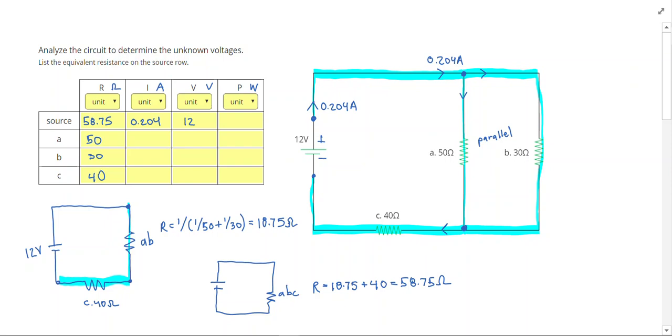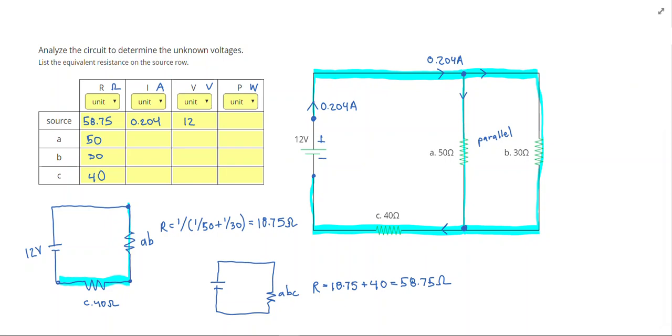Alright, so next I need to figure out how much goes towards A, how much goes towards B. I know they won't split evenly because more current always tends to go towards less resistance. But what I can do is figure out the voltage for A and B. To figure out the voltage for A and B, I can use their equivalent resistance of 18.75.